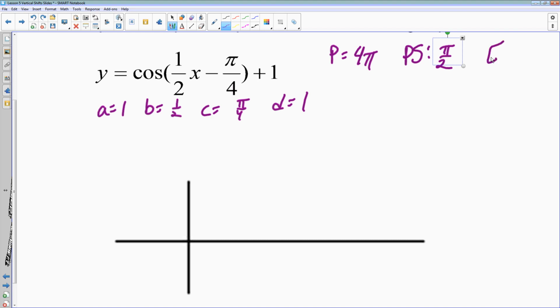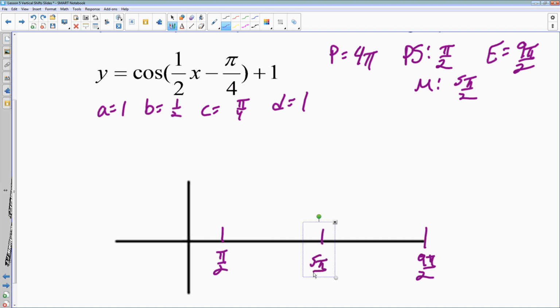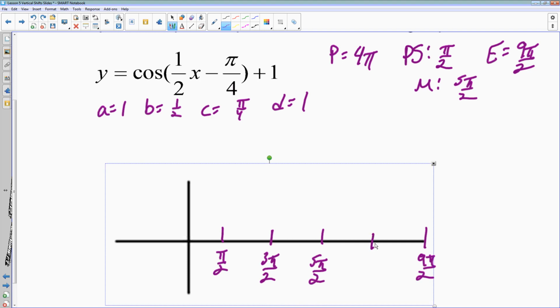That'll get me 9 pi over 2 for the ending. And then the average of pi over 2 and 9 pi over 2 is going to be 5 pi over 2. So I'll put pi over 2 right here, 9 pi over 2 right here, 5 pi over 2 in between. The in between there is 3 pi over 2, and the in between here is 7 pi over 2.